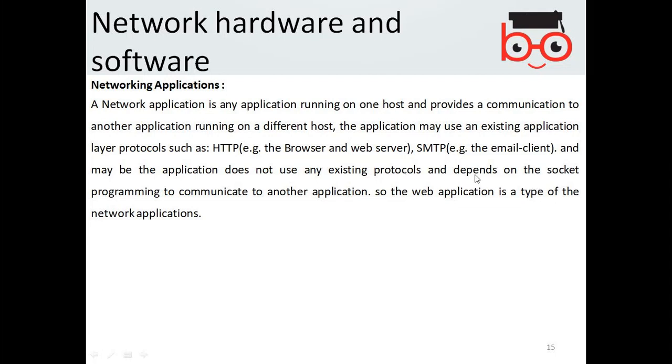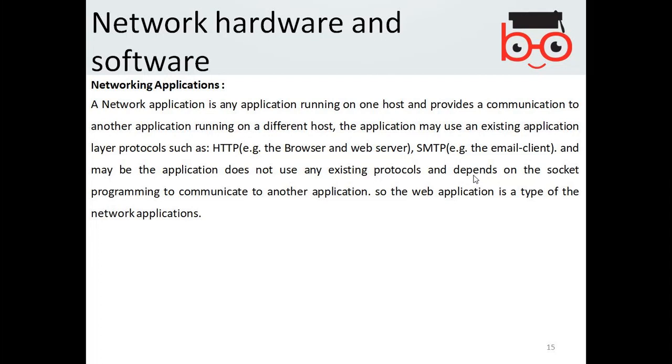That application can use an application layer protocol. If you refer to the OSI model, it has 7 layers, and any communication being made passes through those abstract layers, and then you get communicated. Otherwise, you cannot get communicated.